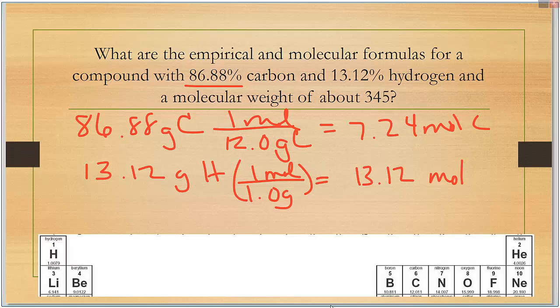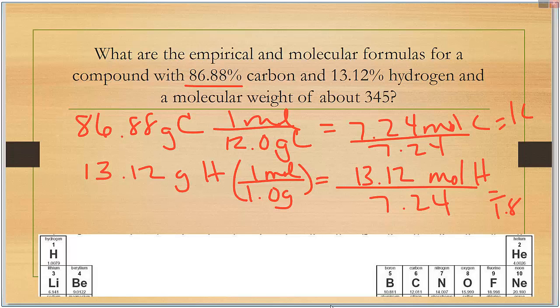Divide by small. So the smallest one here is 7.24. That gives me 1 carbon and 1.8 hydrogen.